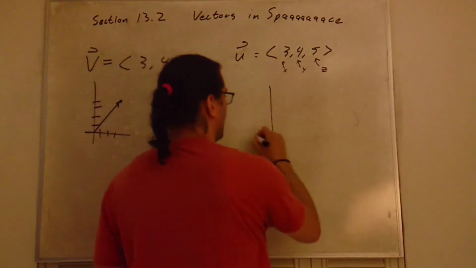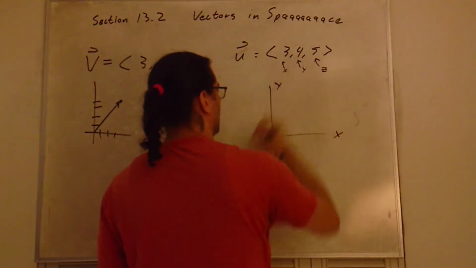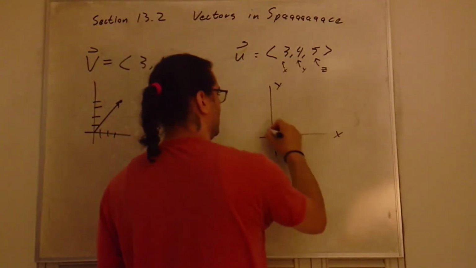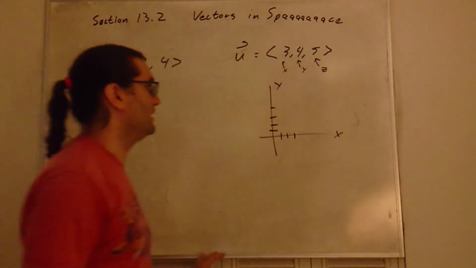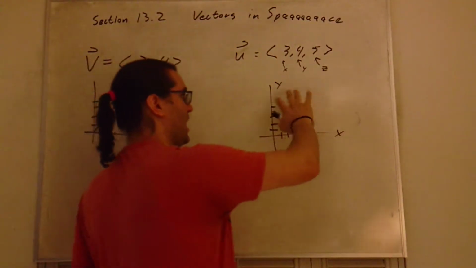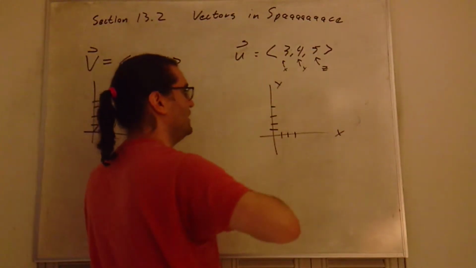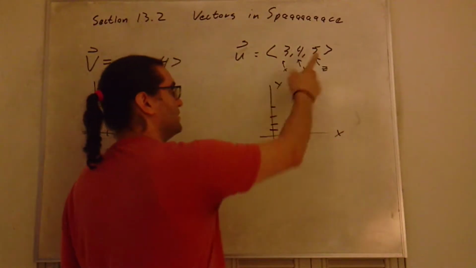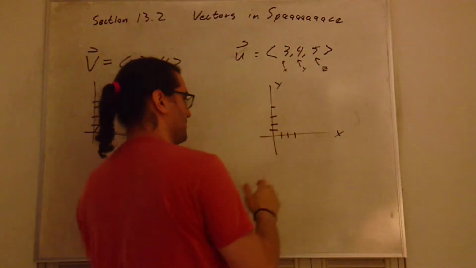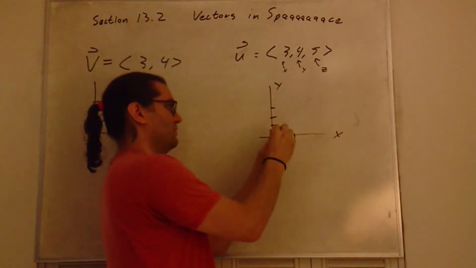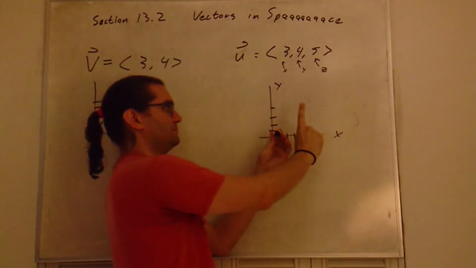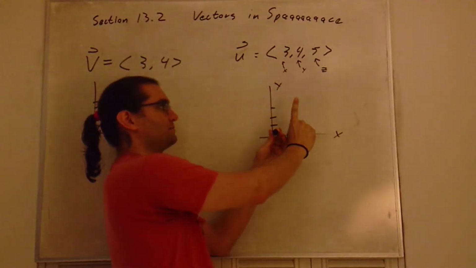So you can still have an x here and a y here, and the projection of this onto the xy plane would still be here, except because of this, it's going to be 5 units above the xy plane. It's going to be right here.